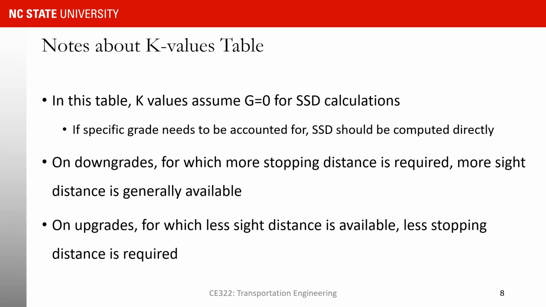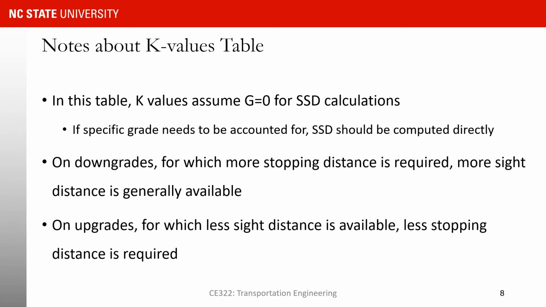So on both downgrades and upgrades, unless they are really excessive, we can assume that the grade is 0. On downgrades, you can't stop your vehicle as quickly, but you see a lot more, so you can react earlier. On upgrades, you don't see enough, but as soon as you hit the brake, the car is going to come to a stop.